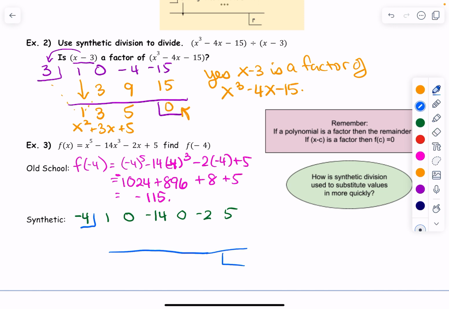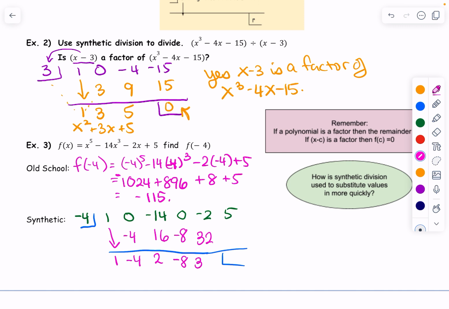All right, so we bring the 1 down. -4 times 1 is -4. Add going down, we get -4. -4 times -4 is 16. Add going down, it's 2. -4 times 2 is -8. Add going down, we get -8. -4 times -8 is 32.